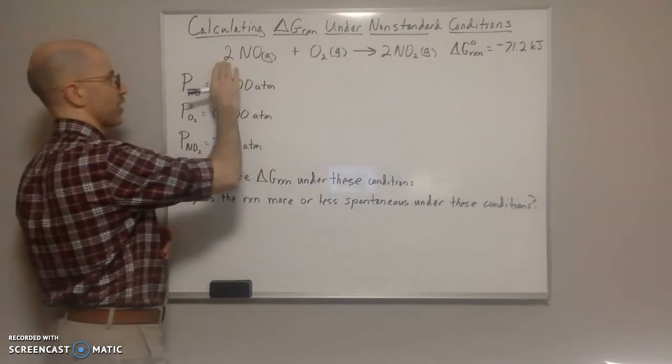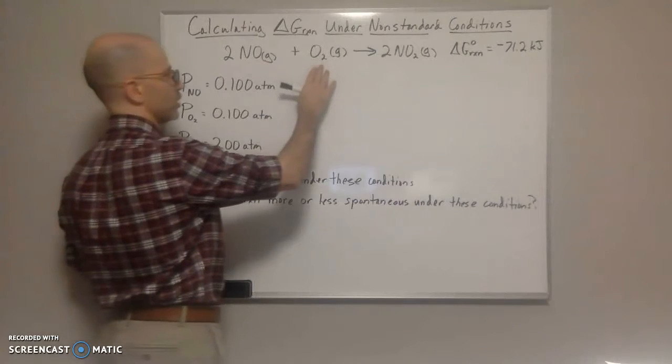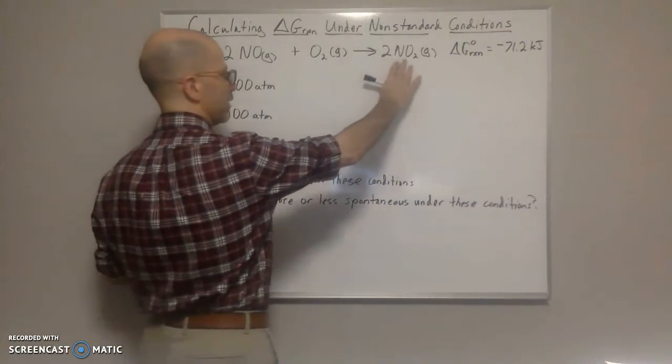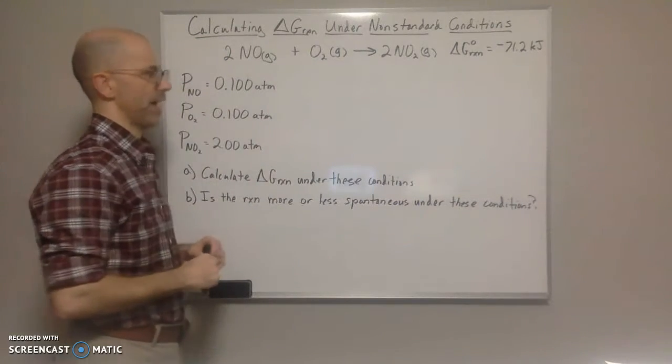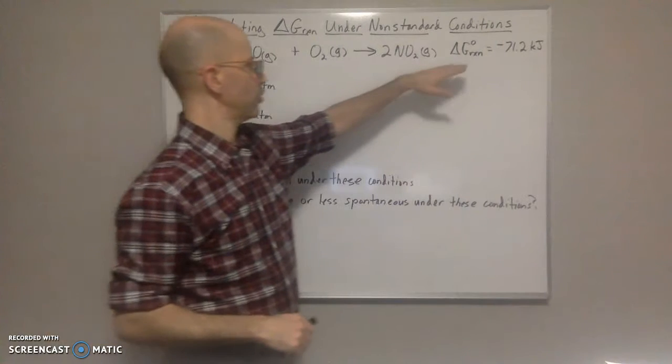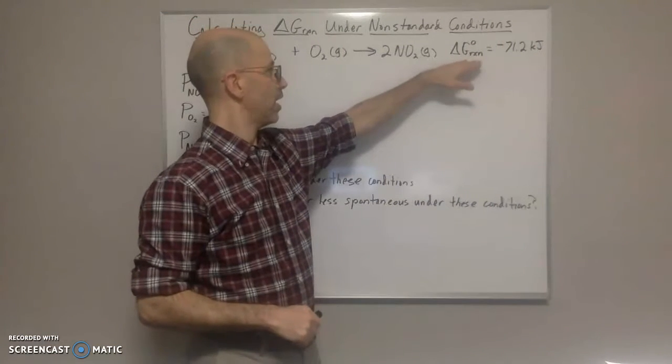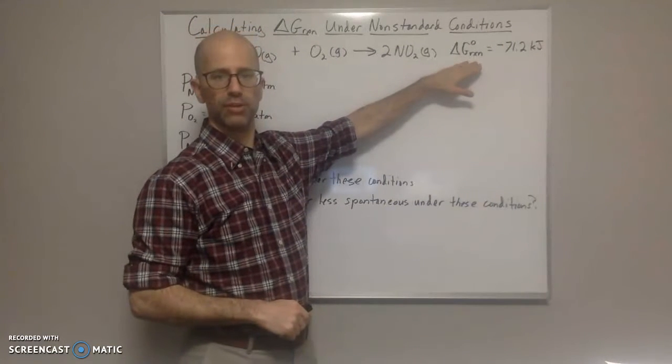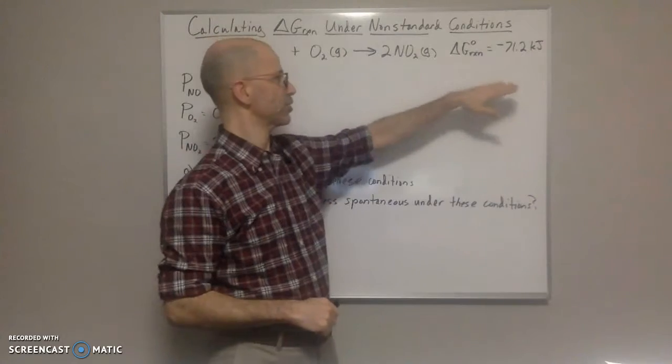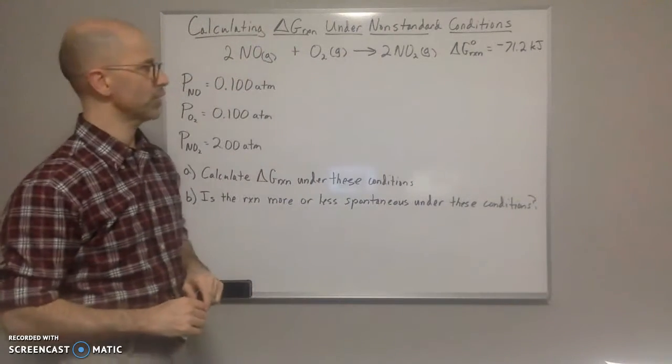Here is an equation. Here's a reaction. You have 2 moles of NO gas plus 1 mole of oxygen gas, and it gives 2 moles of NO2 gas. And they're giving you the standard change of free energy for this reaction, which is negative 71.2 kilojoules.